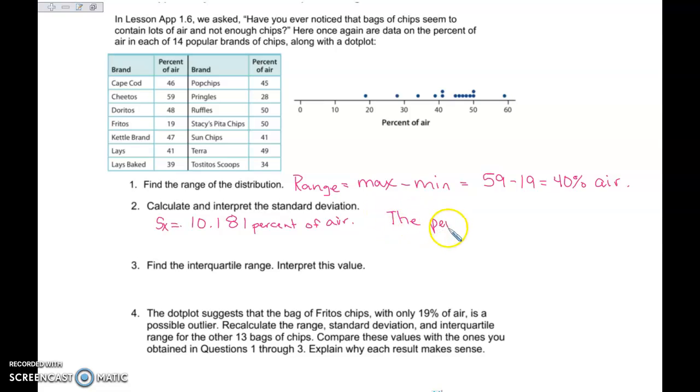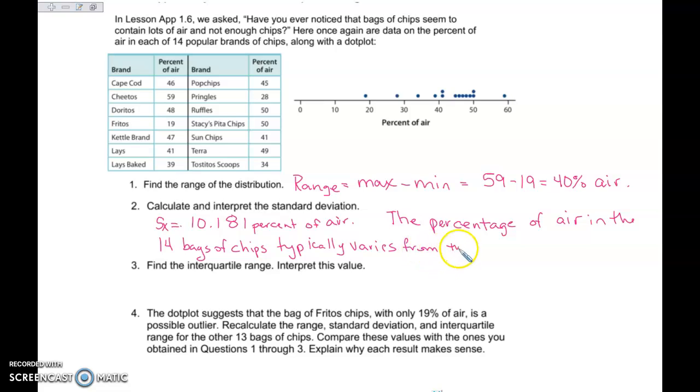The percentage of air in the 14 bags of chips typically varies from the mean, which we could state what the mean is by looking at the calculator.